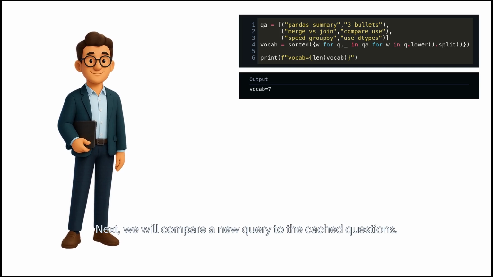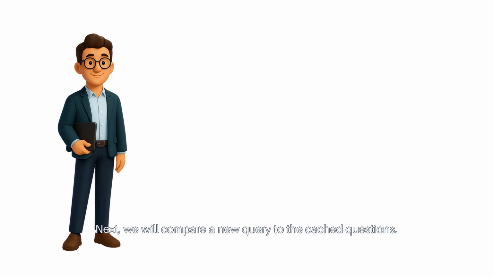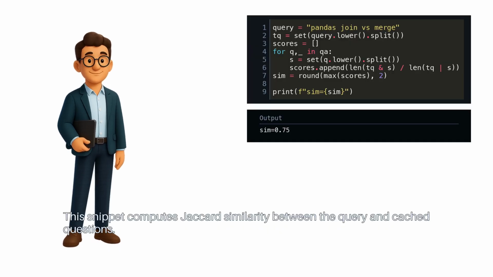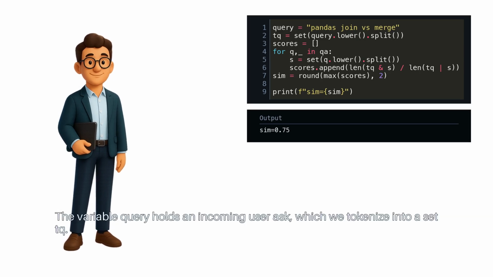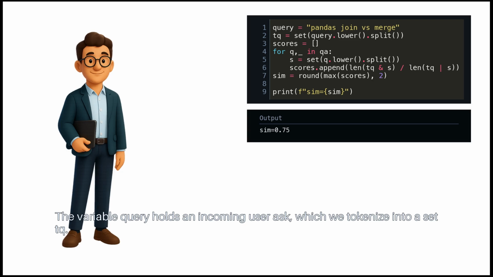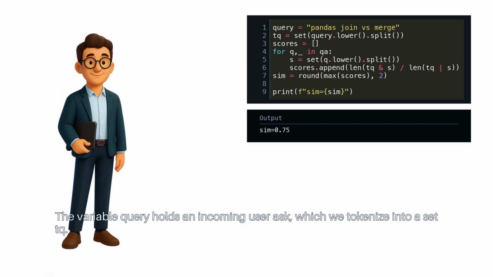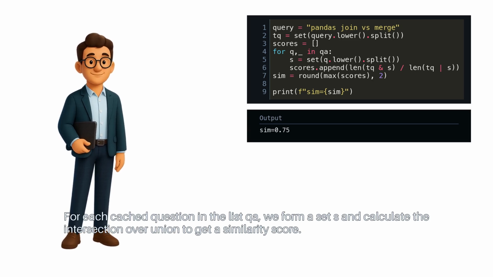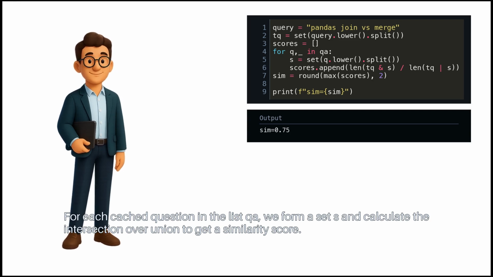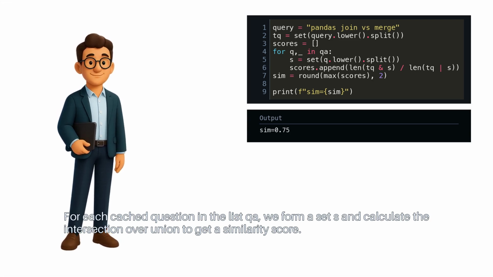Next, we will compare a new query to the cached questions. This snippet computes Jaccard similarity between the query and cached questions. The variable query holds an incoming user ask, which we tokenize into a set TQ. For each cached question in the list QA, we form a set S and calculate the intersection over union to get a similarity score.